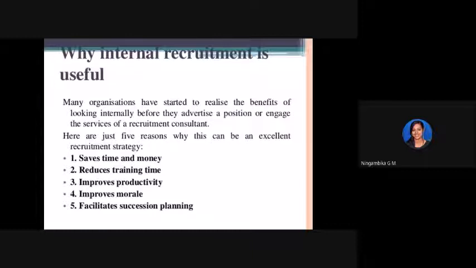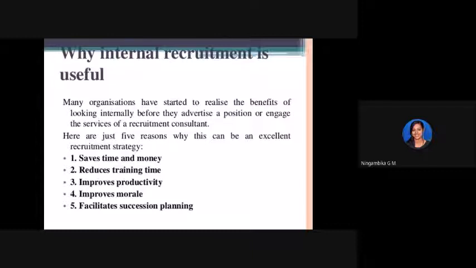Since he is already in the organization, induction will not take much time, and the training is only related to the particular project or process he is working on. In this way they can improve productivity.